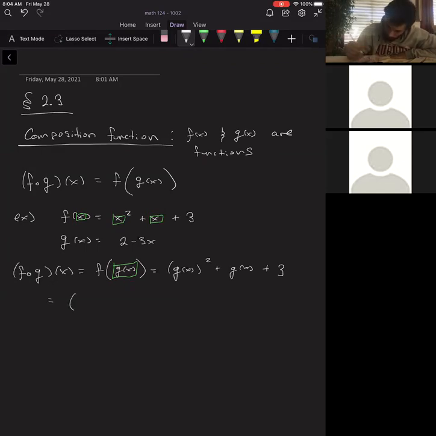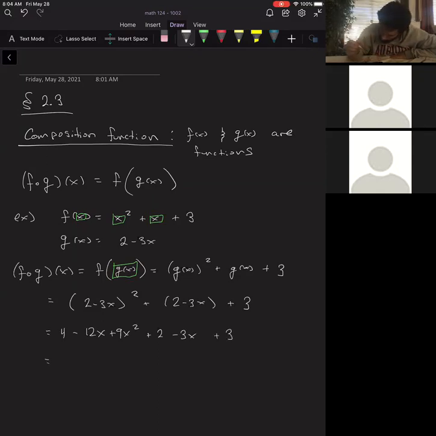Then if we simplify this a little bit, let's put in what g of x is. g of x is 2 minus 3x, so we'll have 2 minus 3x squared plus 2 minus 3x plus 3. In the next line, if we FOIL out the 2 minus 3x squared, we would get 4 minus 12x plus 9x squared. Here we're getting a plus 2 minus 3x, and then a plus 3.